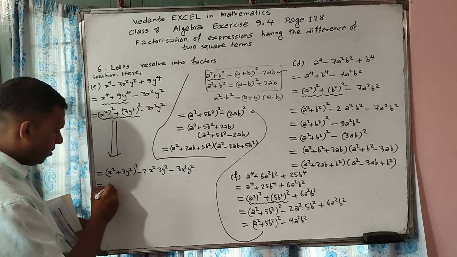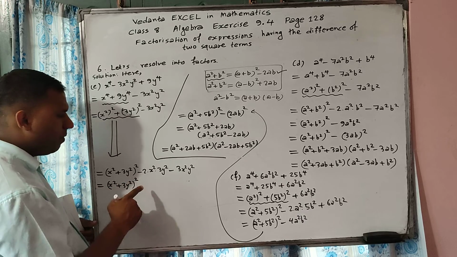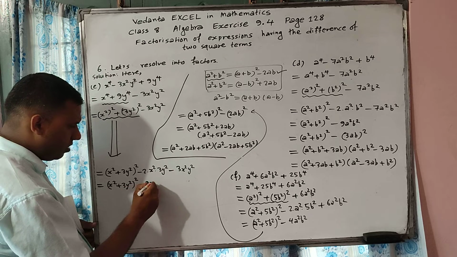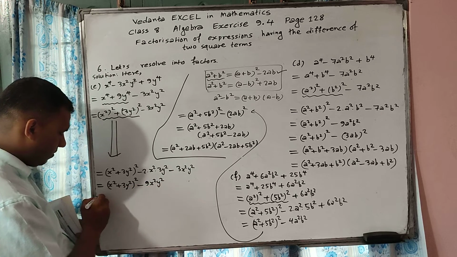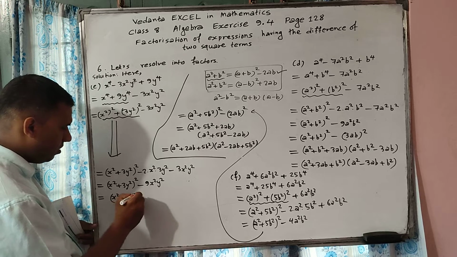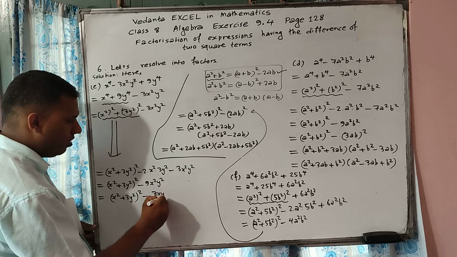Now this equals (x² + 3y²)² − 2·3 is 6, −6 − 3, that is −9x²y². This equals (x² + 3y²)² − 9x²y², that is (3xy)².